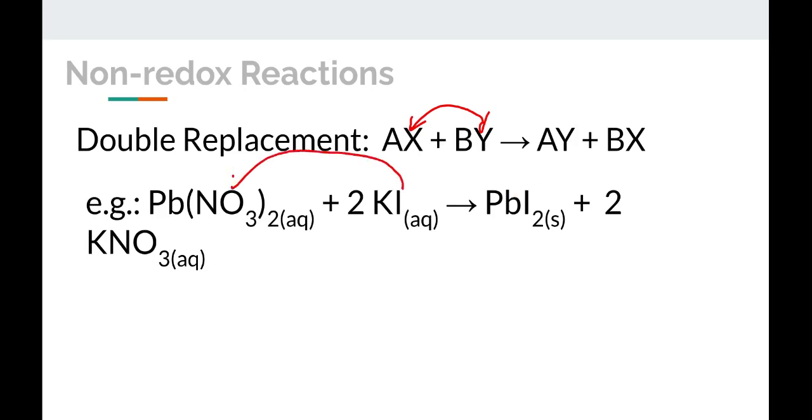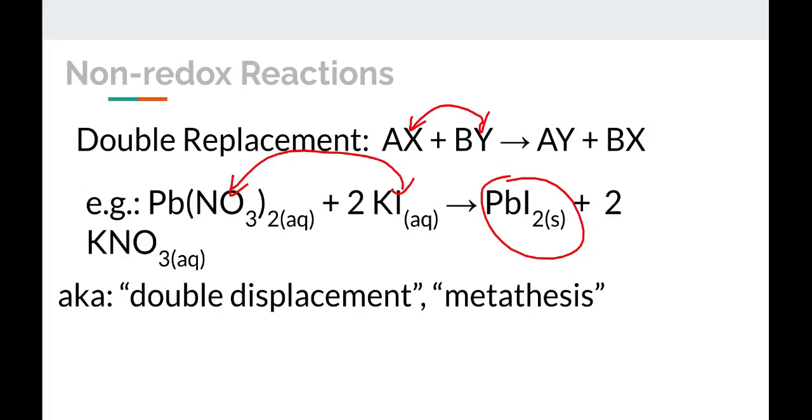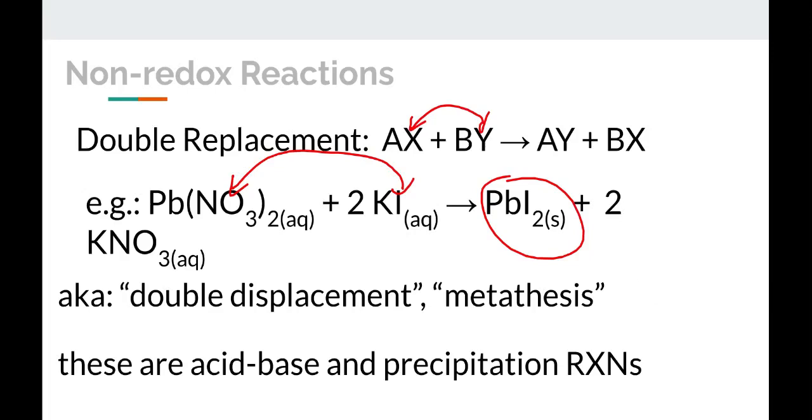The iodide and the nitrate are switching partners with each other. This is a precipitation reaction because a solid forms, and of course that's one of our kinds of non-redox reactions. The other kind is acid-base reactions. These are also known as double displacement reactions or metathesis reactions. And the non-redox reactions that we explored in the last video are the double replacement reactions, acid-base and precipitation reactions.